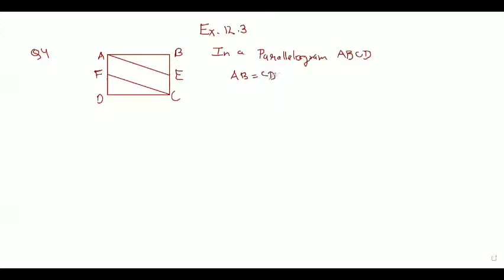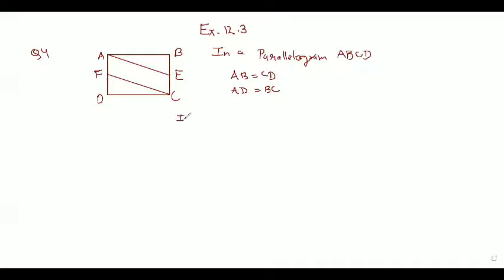Because these are the opposite sides of a parallelogram, and AD equal to BC. Why? Because these are also the opposite sides of a parallelogram.